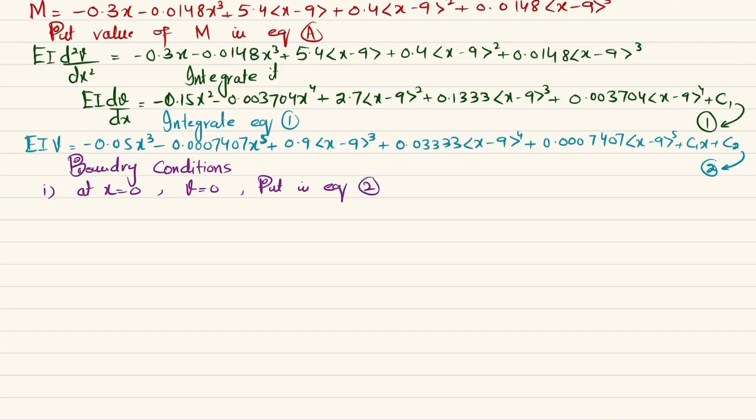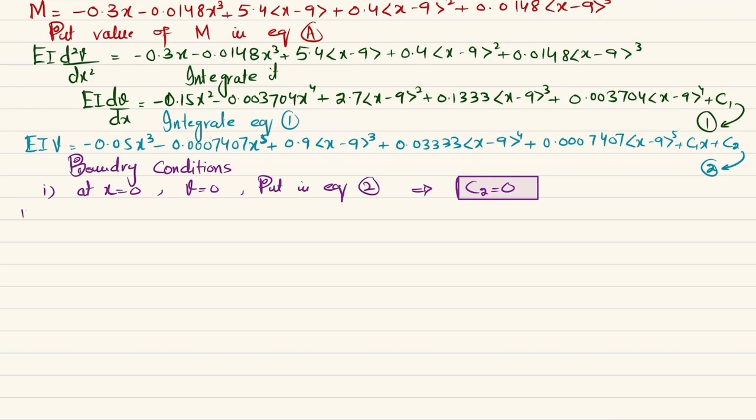When you put it in equation 2, this will be 0 because v is equal to 0, x is 0, the terms with x minus 9 inside the Macaulay bracket will be considered as 0, and c1 into x will be 0, so we are left with c2 is equal to 0. So c2 will be equal to 0. You have to perform this step so that one can understand.